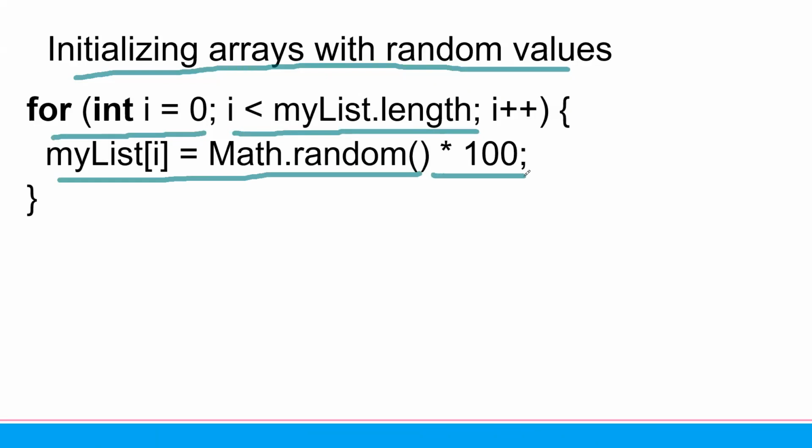I would like to multiply it by 100. Math.random is a number between 0 and 1, so I can make a number between 0 and 100 by multiplying with 100.